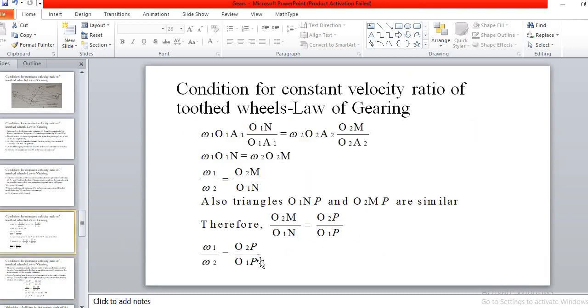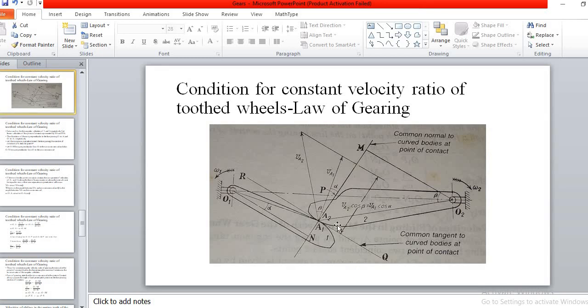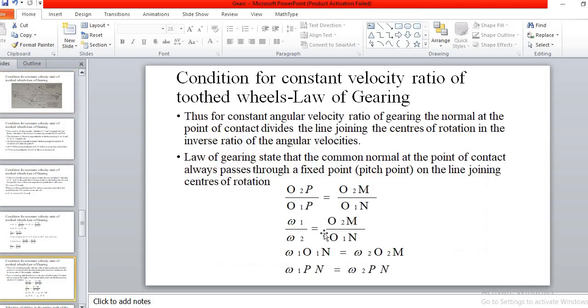So again we can modify this O2P by O1P. We can write O2P and O1P in terms of O2M and O1N, that is O2P, O2M and O1P, O1N.